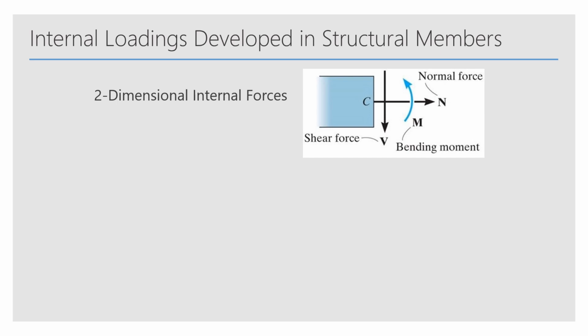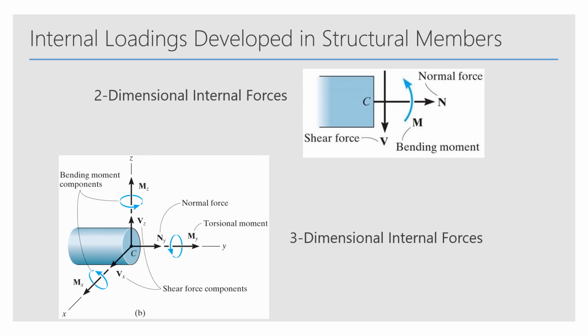So this is what we see for two-dimensional internal forces, but we can make this a little more complicated by looking into three dimensions, where we see that the normal force is along the y-axis here, right? The axis that's connecting the two beams or poles or whatever the material may be.